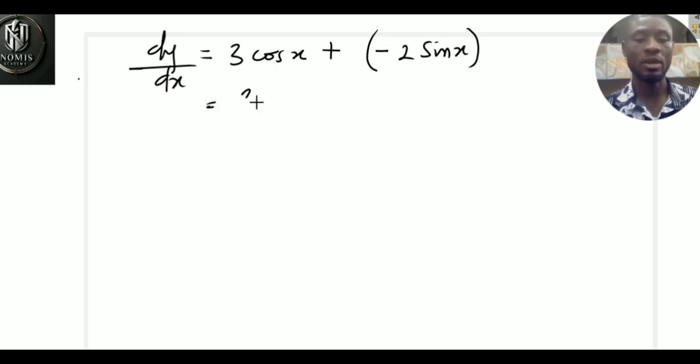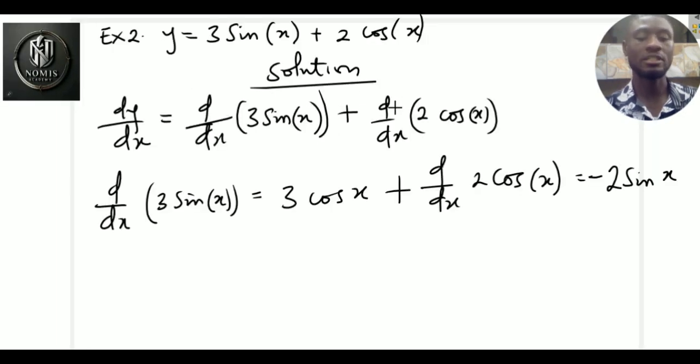So we now have 3 cos x minus, because plus times minus will give us minus, 2 sine x. So this is the final answer to the derivative of y equals 3 sine x plus 2 cos x.